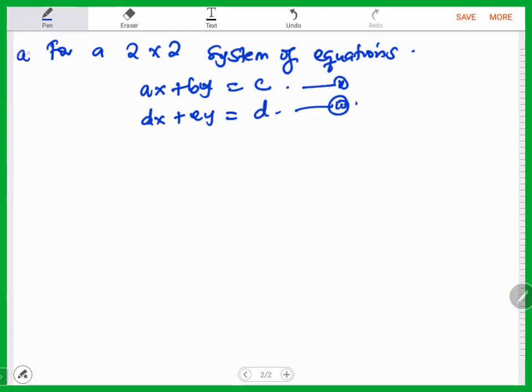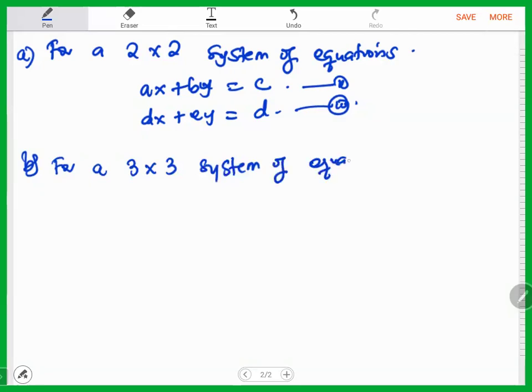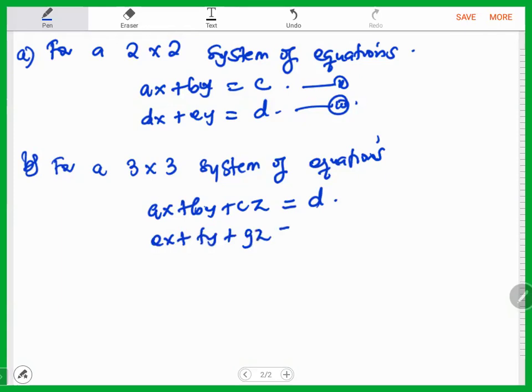But at the same time, we can have a system of 3 by 3, where you can have 3 different unknowns: ax plus by plus cz is equal to b, ex plus fy plus gz is equal to h, and jx plus ky plus lz is equal to m.